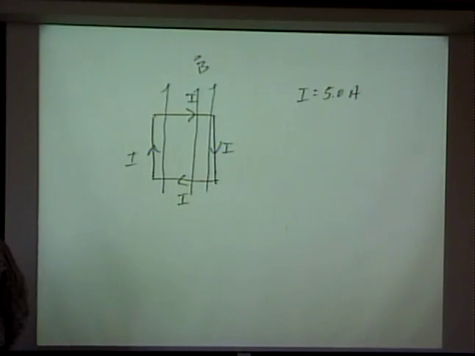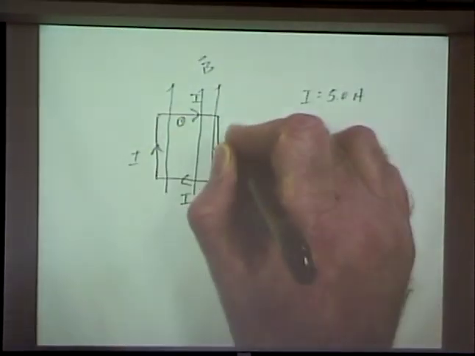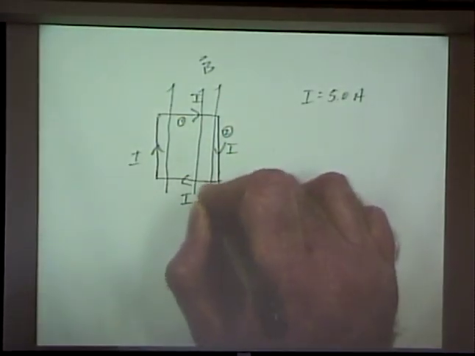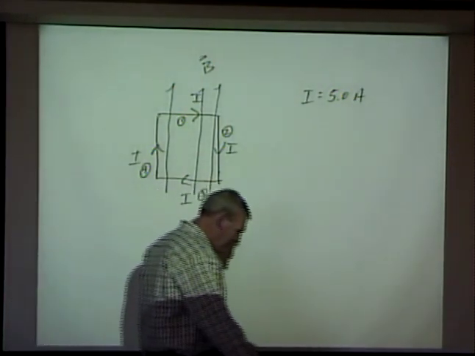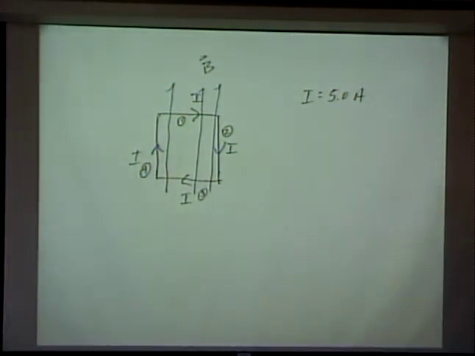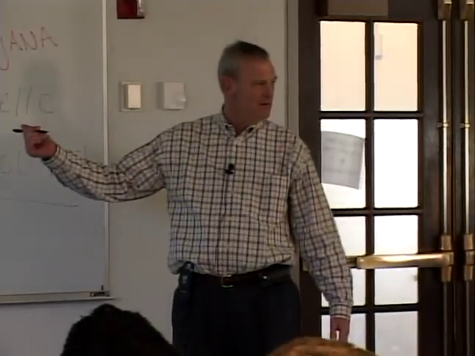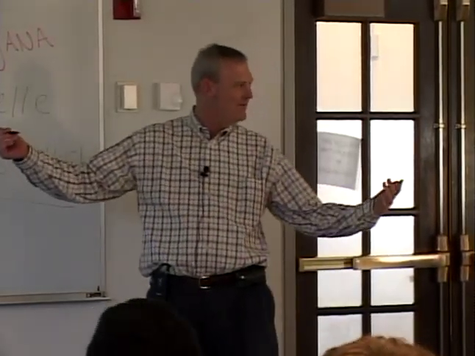Now, I've got wire 1, wire 2, wire 3, wire 4. I want to find the forces on wire 1, wire 2, and wires 3 and 4. I want to find what forces are on all of them. Is this any different than the other problem? This just got more forces, right?